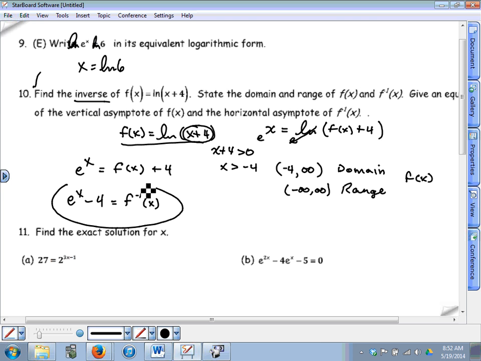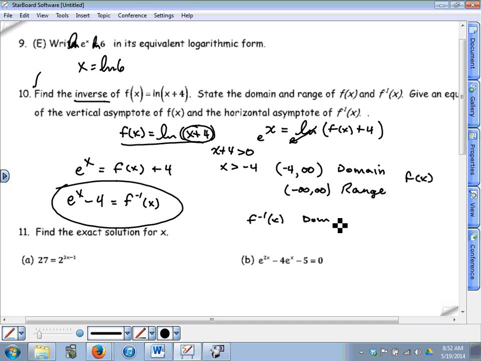For the inverse, do you guys hear that? If we switch the place of x and y to find inverses, then don't we have to switch the domain and range? Because that's all domain and range is x and y's. So you're going to switch these. For f negative 1 of x, the range is going to be all real, or the domain is going to be all real numbers. The range is going to be negative 4 to infinity.